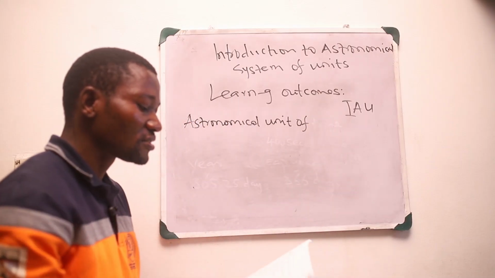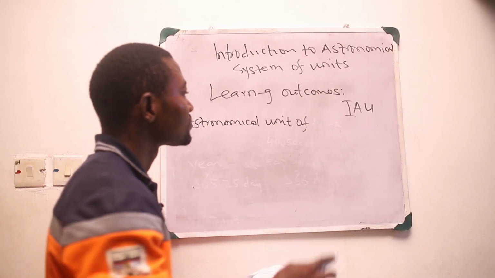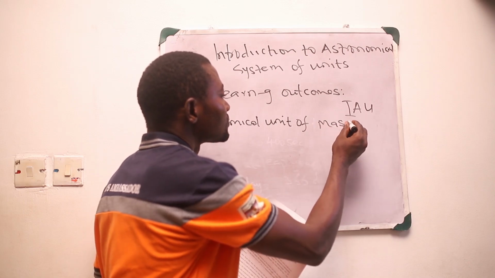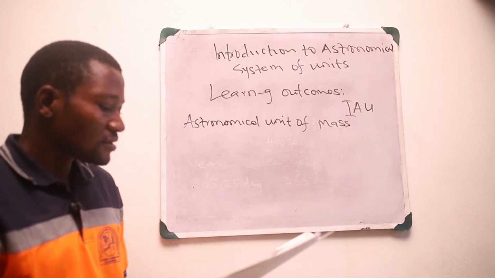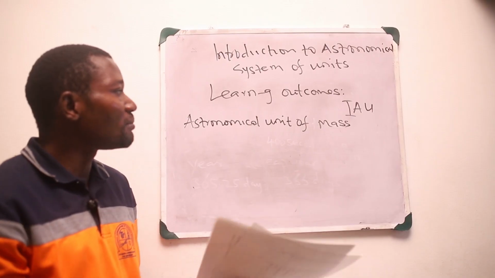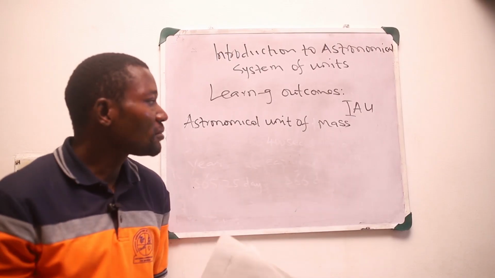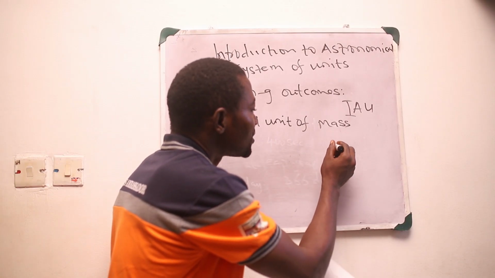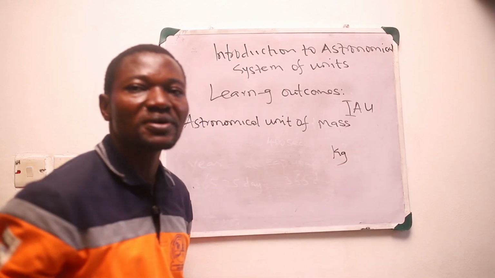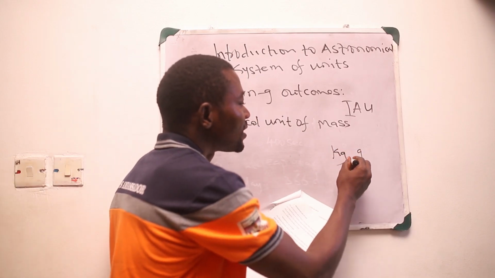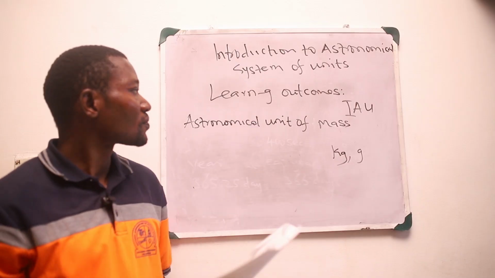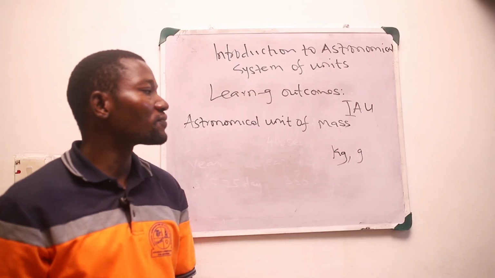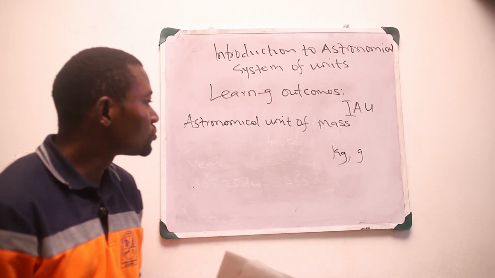Astronomical unit of mass. Normally in our fundamental unit, mass is expressed as kilogram and gram. But in astronomical unit of mass, we use the solar mass.